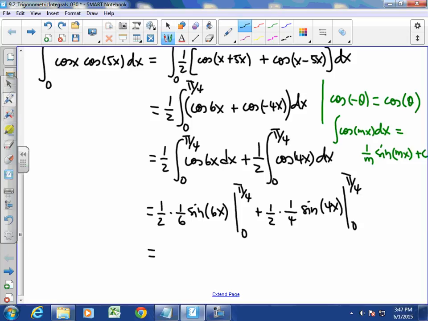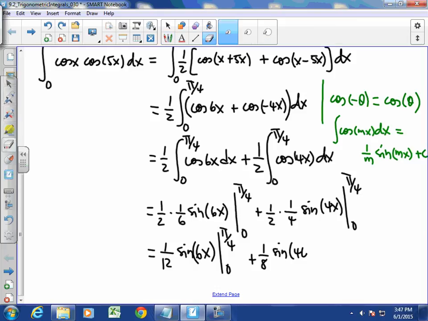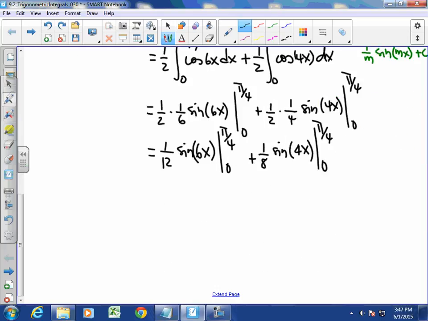And that is 1 over 12 sine of 6x, 0 to pi over 4, plus 1 over 8 sine of 4x, 0 to pi over 4, and which is equal to, replacing x with pi over 4, we get 6 pi over 4, which is 3 pi over 2.